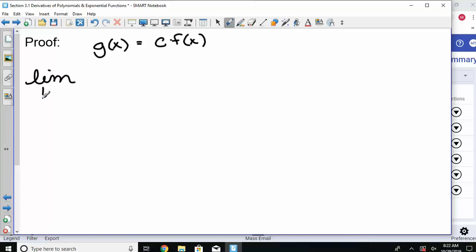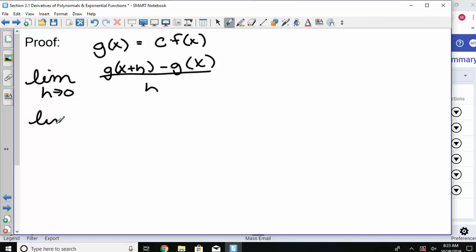Then if we do our definition, when h approaches 0, we're going to do f of x plus h minus f of x over h, right? Or in this case, I guess g is our function. So that's the actual definition.